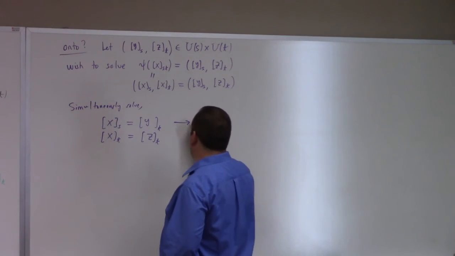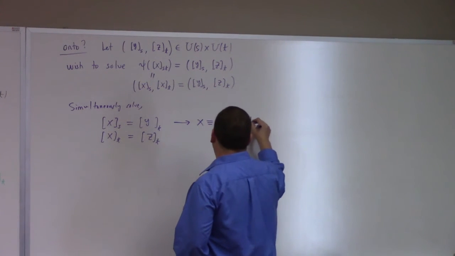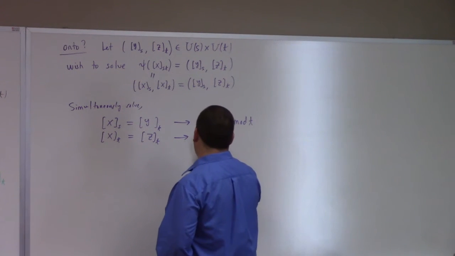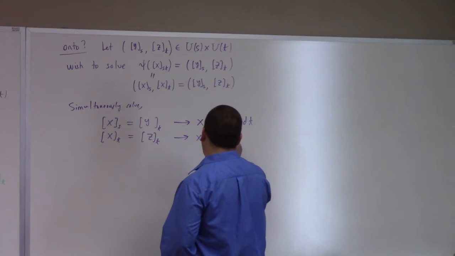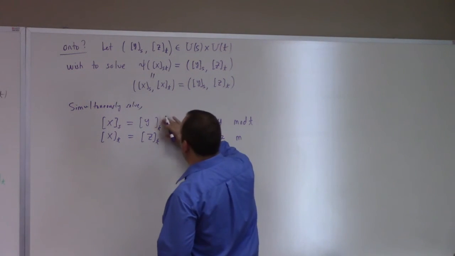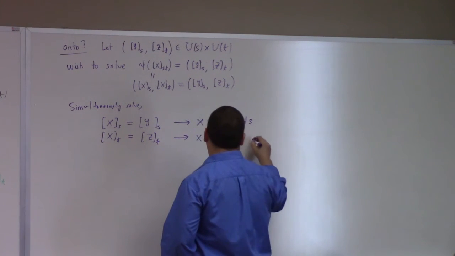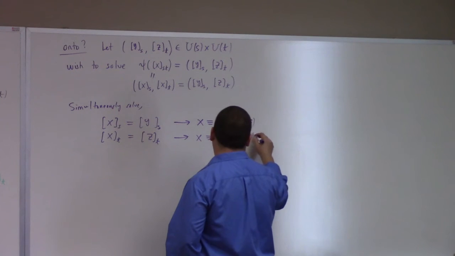Or if you like, x is congruent to y mod s, and this is saying x is congruent to z mod t. Oh, I'm sorry, these are both s's, right? So the first one's mod s, and the second one's mod t.